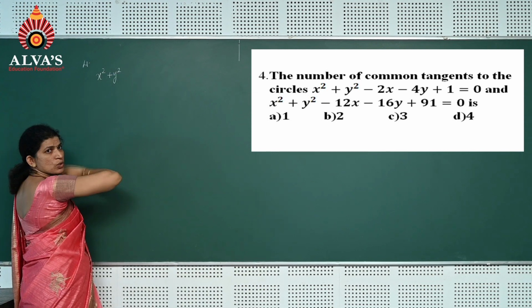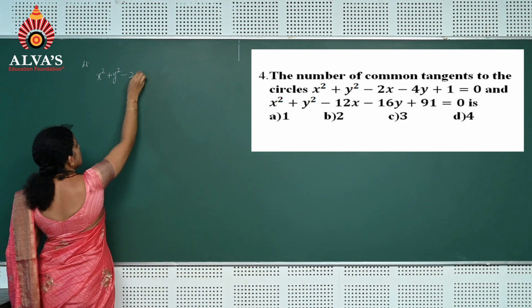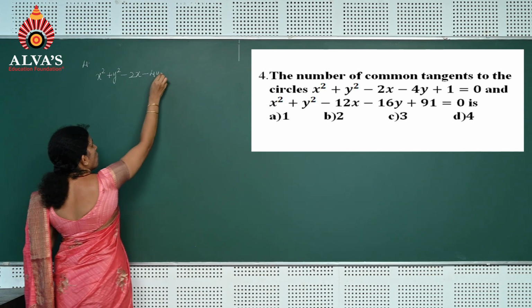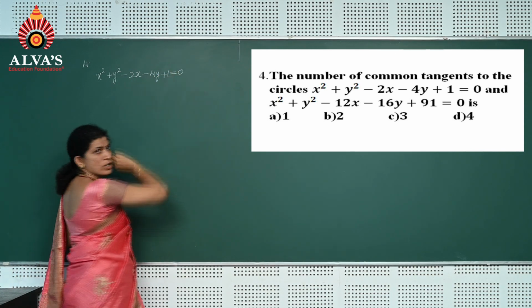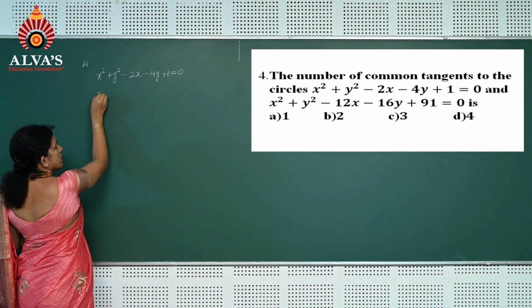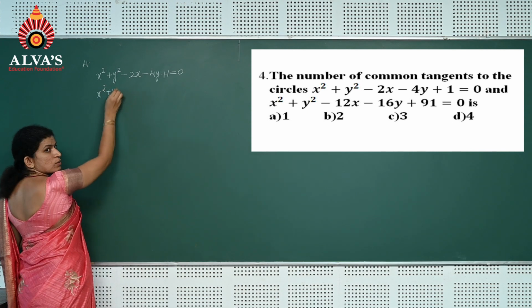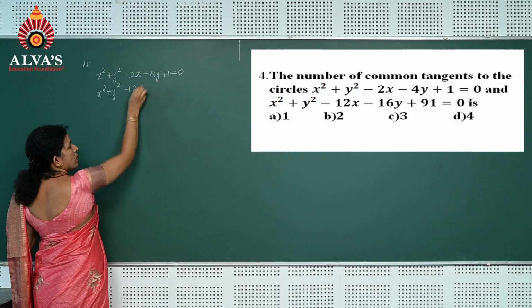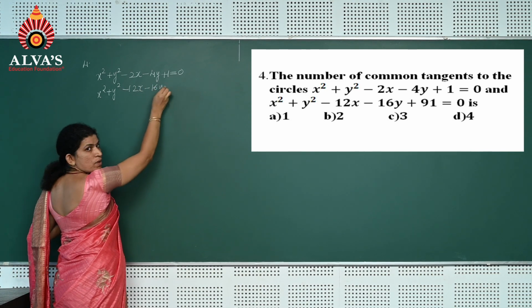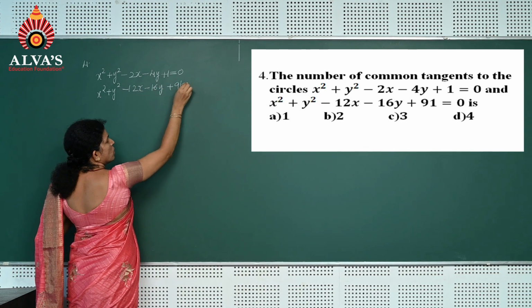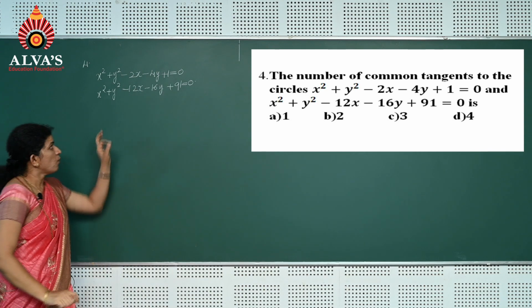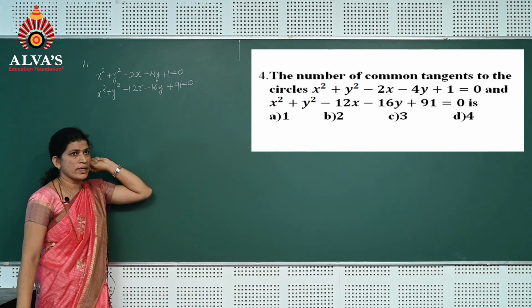One is x² + y² - 2x - 4y + 1 = 0. Another one is x² + y² - 12x - 16y + 91 = 0. We want the number of common tangents.